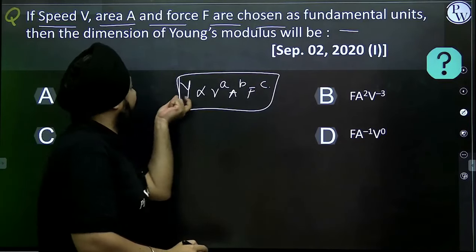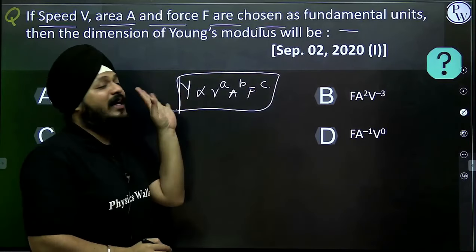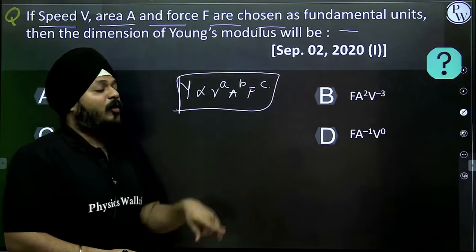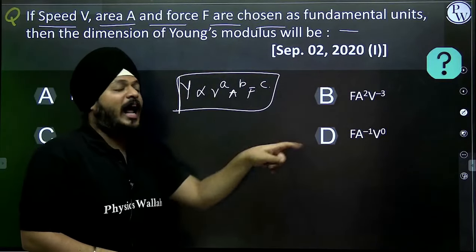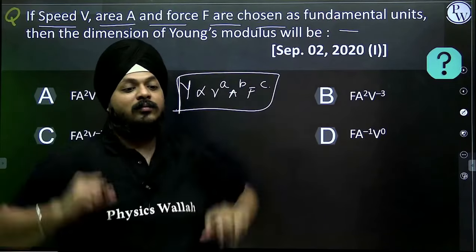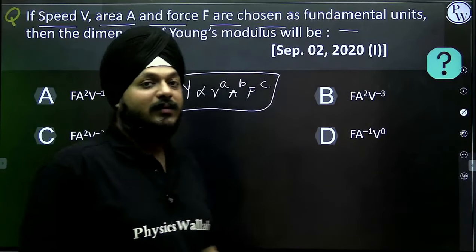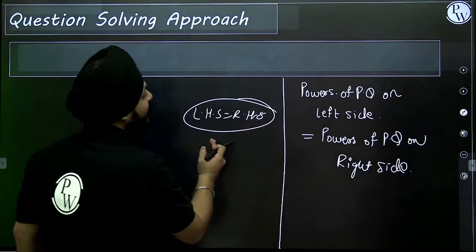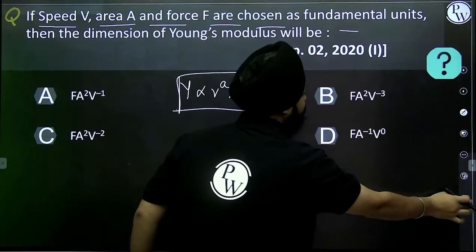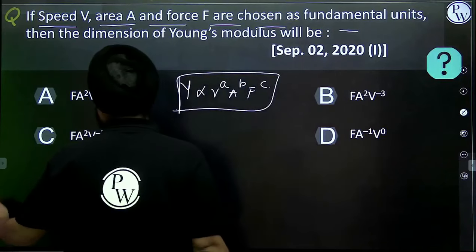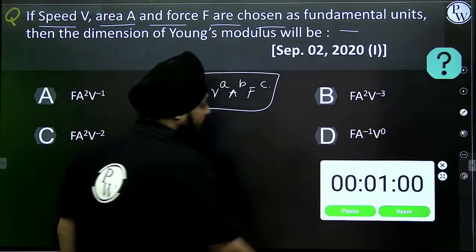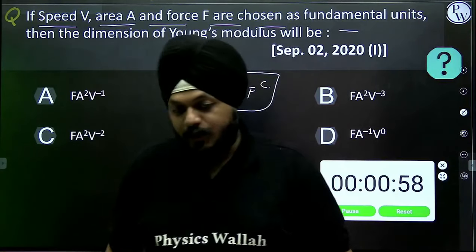I want to represent Y in terms of V, A, F. I can represent Y in terms of MLT, but I want to represent it in terms of the derived quantities V, A, F. We can use this concept: the same question solving approach, the powers on the LHS are equivalent to the powers on the RHS. But before that, I'm giving you all a minute to solve this. So there is 1 minute. Come on guys, you can solve this.